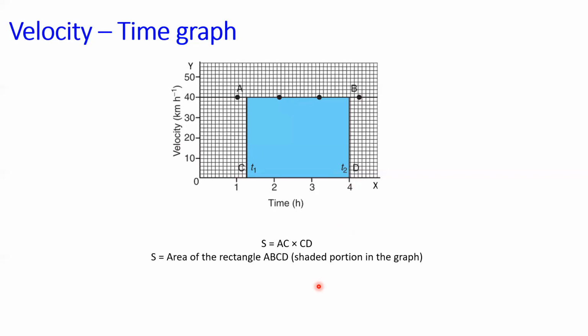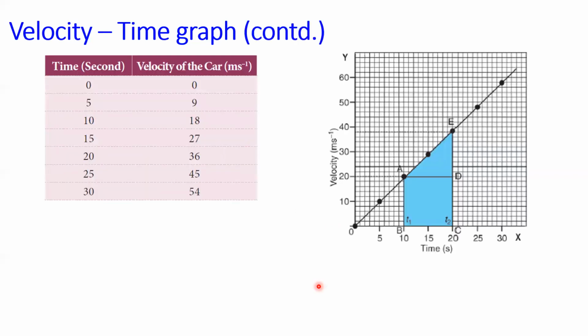Now, the column shows the velocity of the car with every 5 seconds. When you subtract one from the other, we get the slope. Now we can plot the graph for uniformly accelerated motion by plotting the time graph along with the tabular column.